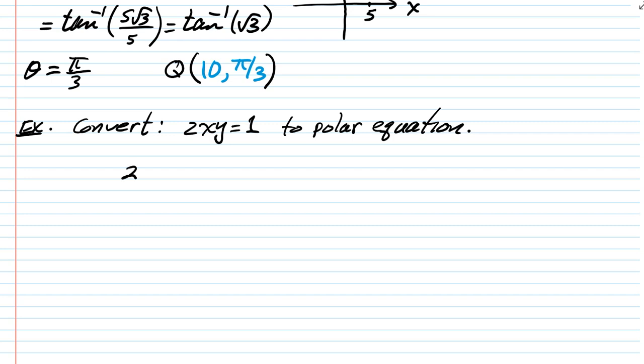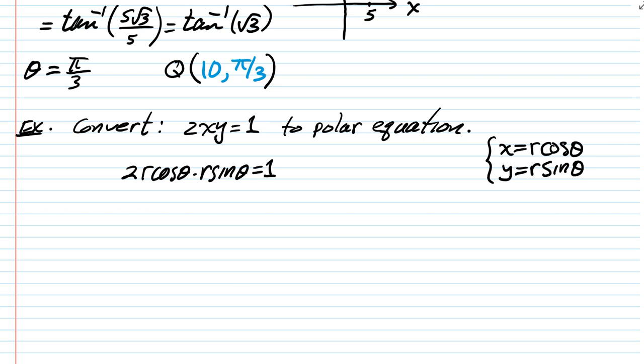So remember, the only relationships we know are x is r cosine theta, y is r sine theta. So we've got to make everything work with those two formulas. I'm going to change x to r cosine theta, and I'm going to change y to r sine theta, equal 1. And then do some basic algebra here. r times r, those two multiply to r squared, and then I have 2 sine theta cosine theta equals 1.